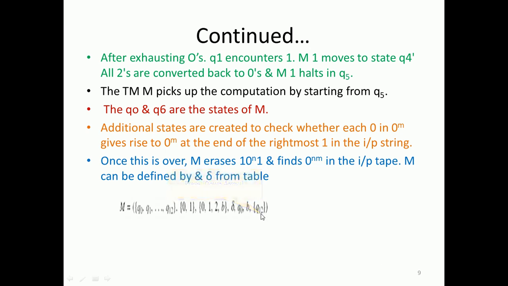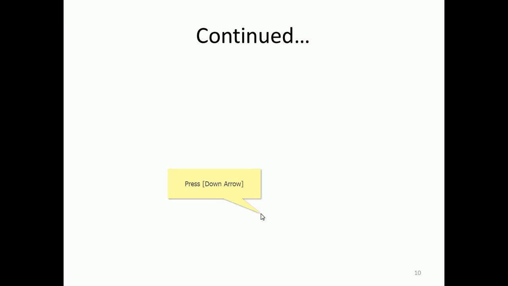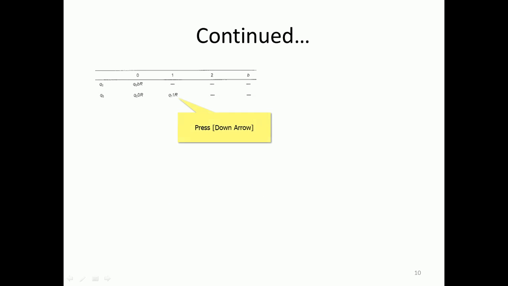From the table we can understand that. So here we have q0 for the input 0. Q6 with 0 stays Q6 and moves right, and does not respond to anything except 0.